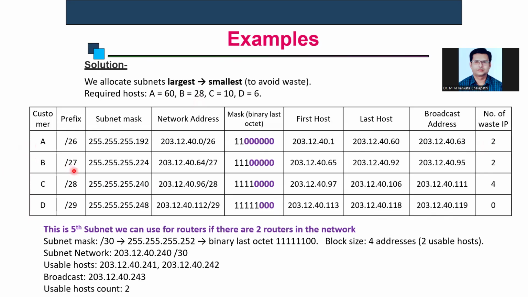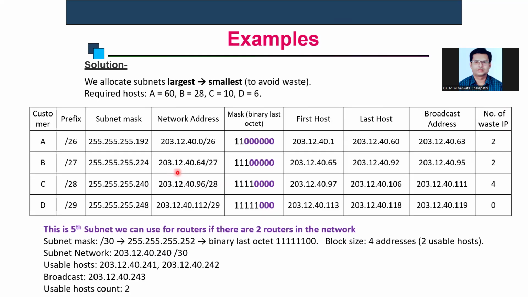So slash 27 will be the prefix for customer B. The 27 bits will be ones and the remaining bits zeros, which is treated as the subnet mask. So the subnet mask for B is 255.255.255.224.